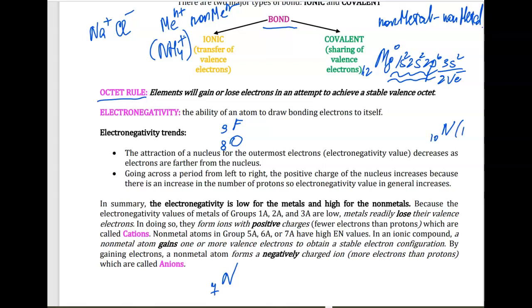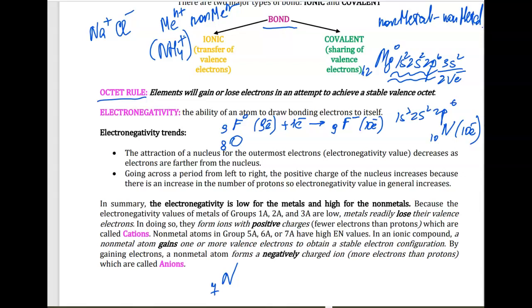That means that neon has 10 electrons. But a fluorine atom has only 9 electrons. What does it need to become more stable? Gain 1 electron. Yes, correct. And when it gains 1 electron, it becomes an anion, a negatively charged particle with 10 electrons, and an electron configuration like neon's: 1s2, 2s2, 2p6.